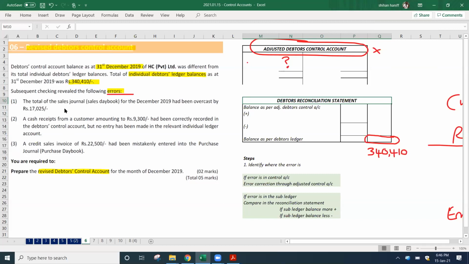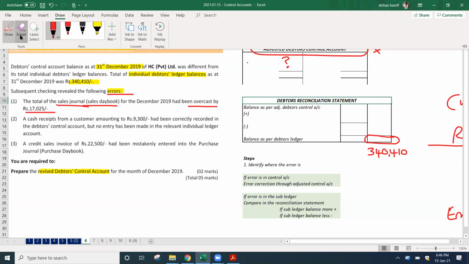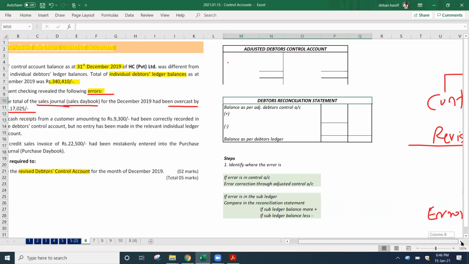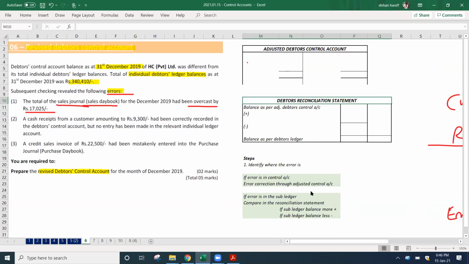Error one. The total of the sales journal, the sales day book, had been overcasted by 17,025. Right. So first tell me, is it the control account or the subledger, individual accounts?